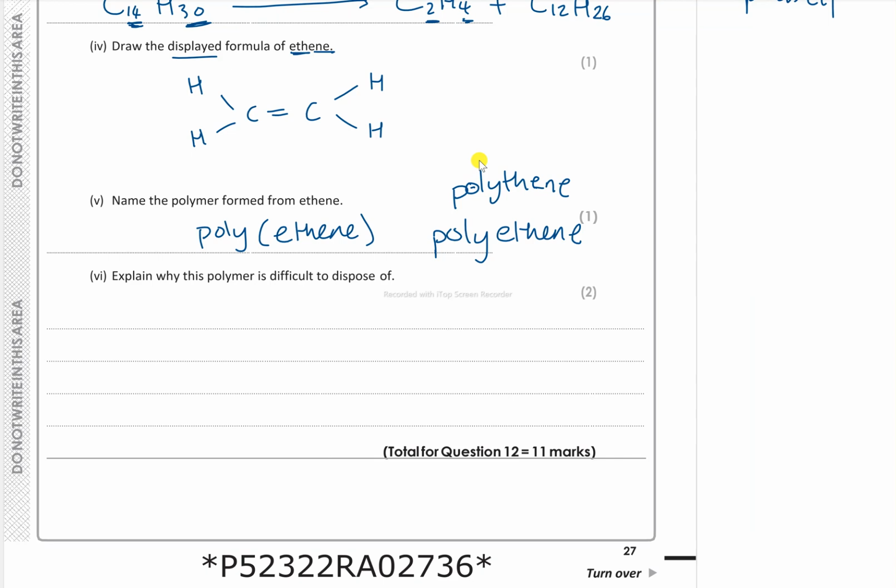Okay. Why is it difficult to dispose of these polymers? Because they are inert and do not biodegrade. There you go.